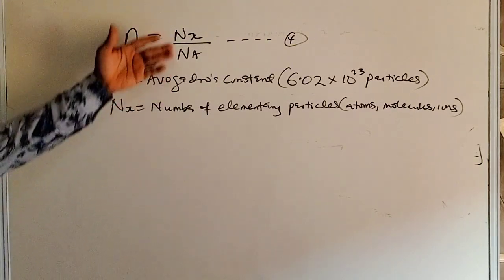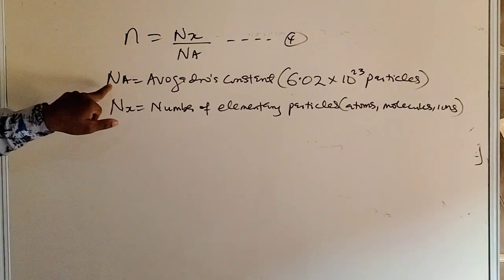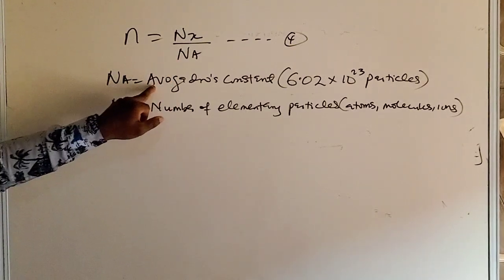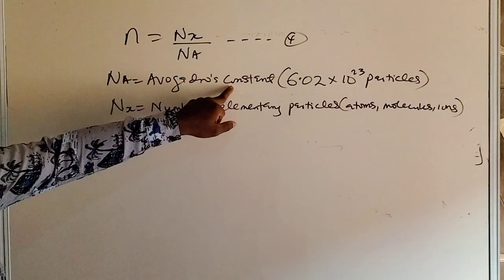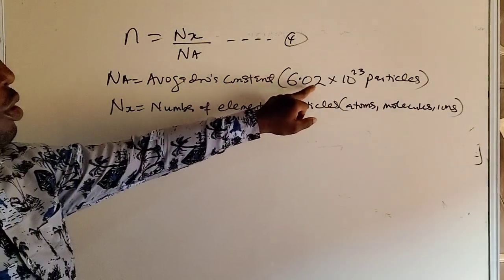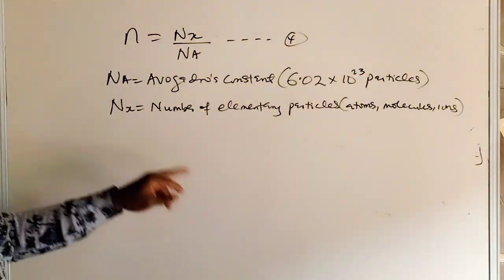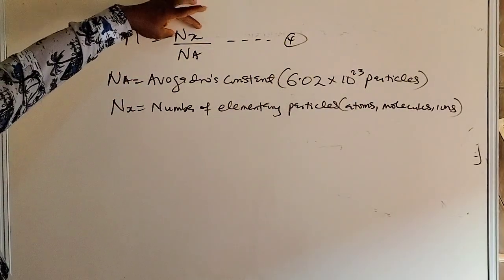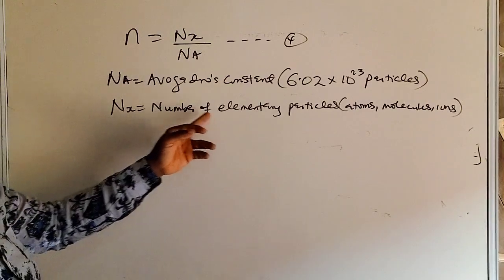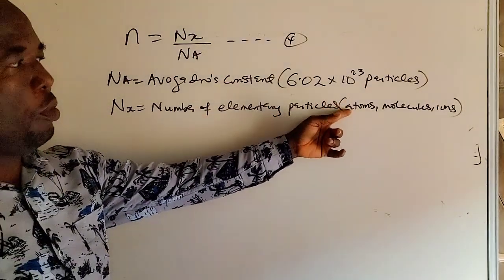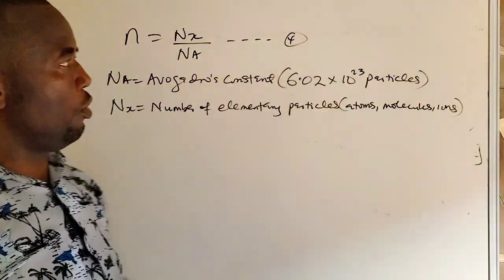So what do these symbols stand for in this formula? Our NA, the denominator, is the Avogadro's number, or Avogadro's constant. Being a constant, the value is known, 6.02 times 10 to the power 23 particles. And then NS is the number of elementary particles, those particles that make up 1 mole, which could be atoms, molecules, or ions.